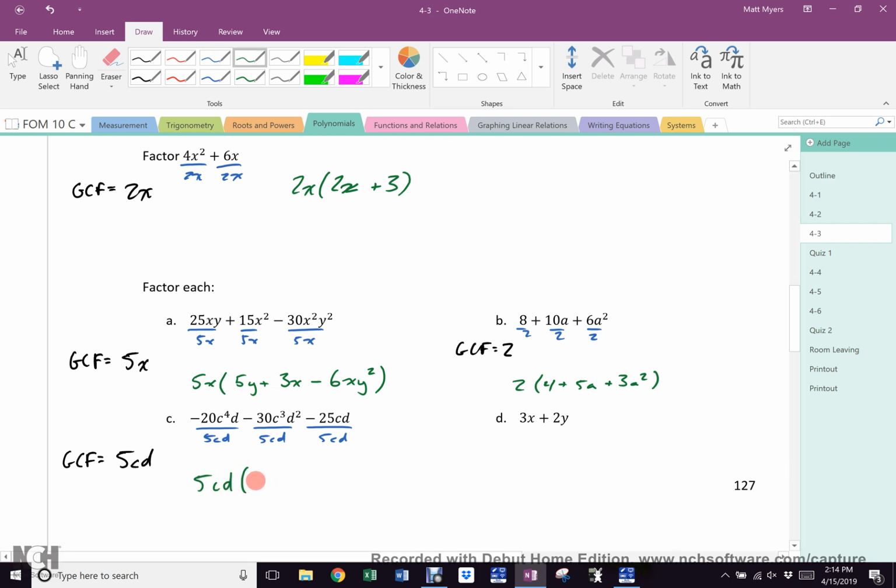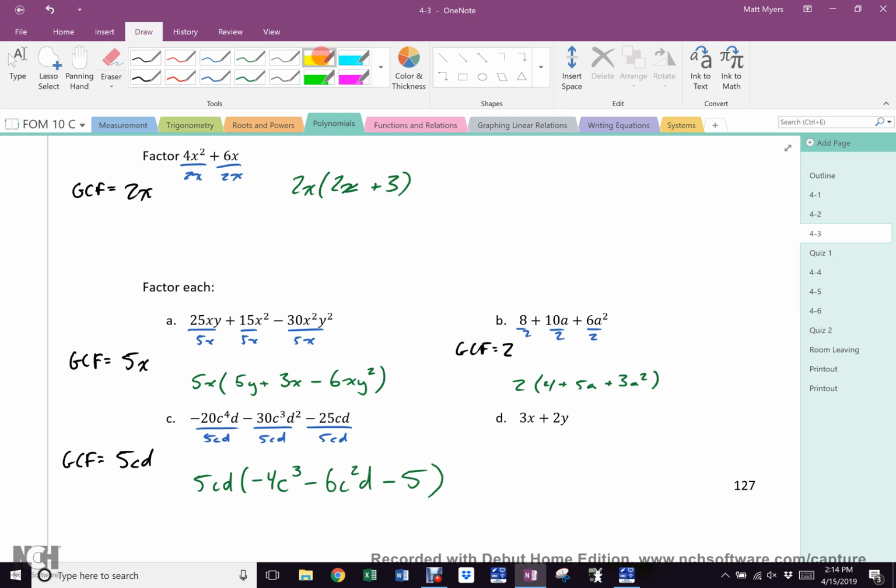What's the first one? Negative 4C cubed minus minus 5. Now, even the back corner gentlemen need to pay attention now.